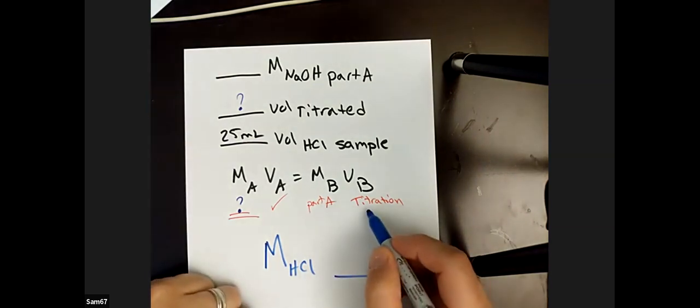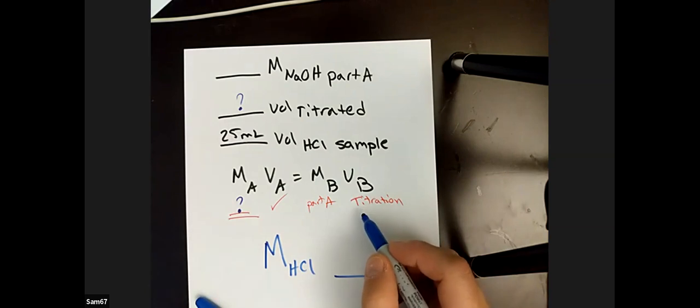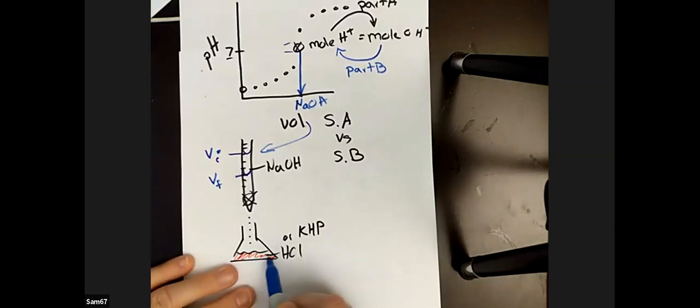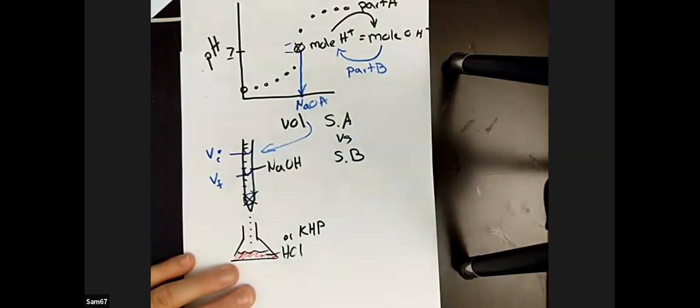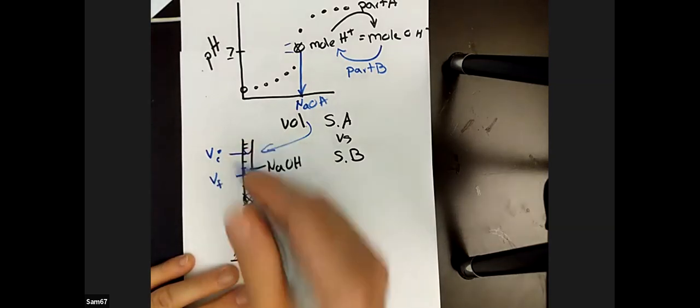Okay, this is what you would get from the titration after you've mixed your sodium hydroxide and your HCl sample. So again, this is going to get set up the same way. You have your 25 milliliter HCl in your flask with the indicator in it, your burette with your sodium hydroxide solution, titrate, initial and final volume.